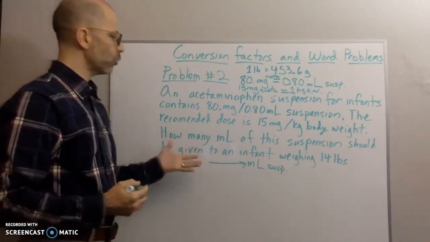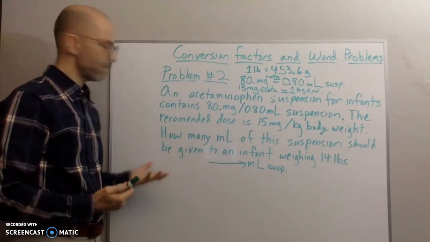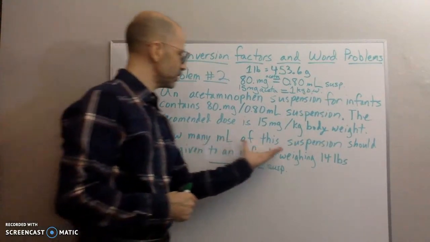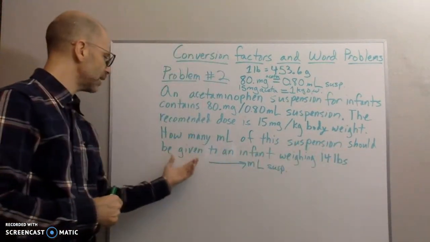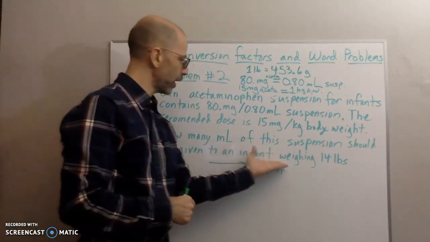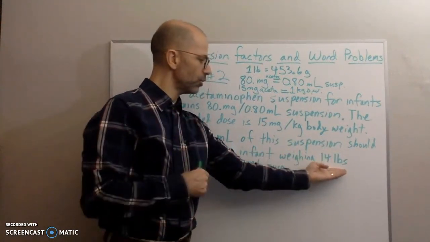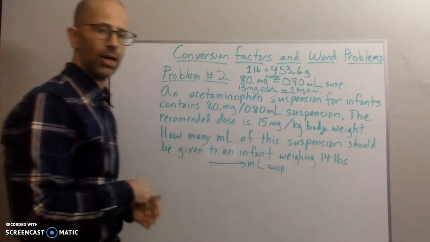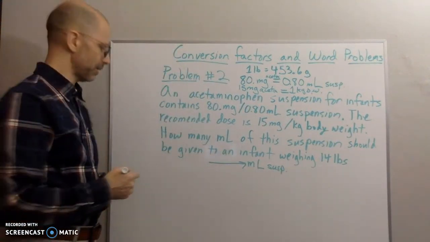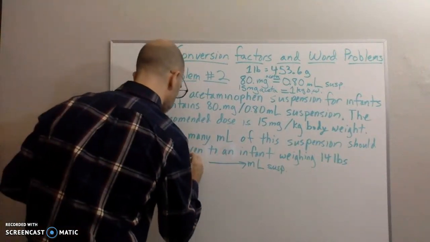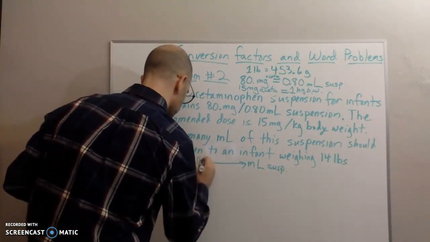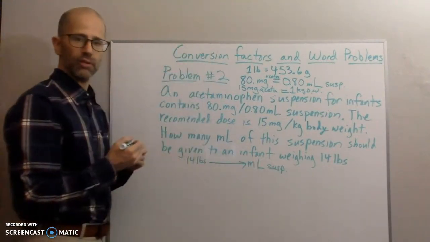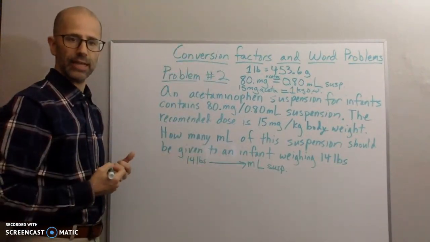Okay, where are we going to start though? We keep reading the question. How many milliliters of this suspension should be given to an infant weighing how much? 14 pounds. So 14 pounds is where we need to begin. We're going to go from 14 pounds weight of the infant to milliliters of suspension that we need to give to that infant.